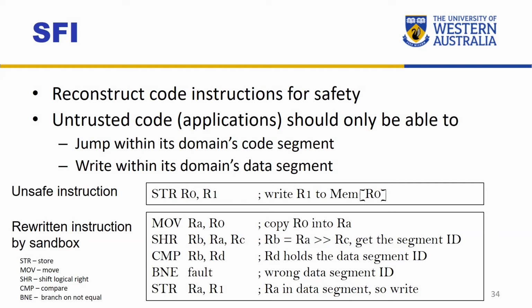And then if the IDs don't match, then we're going to raise a flag as a fault. And finally, we can then store R1 into RA, because if there's no fault flagged, then it's safe that the location RA is within the application memory space. So we can write R1 into RA.